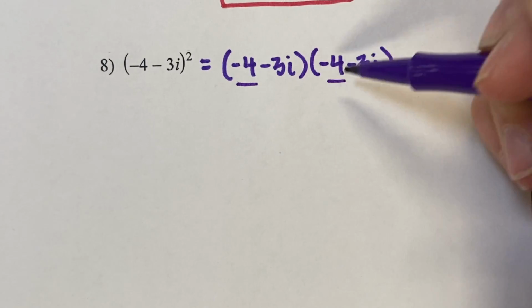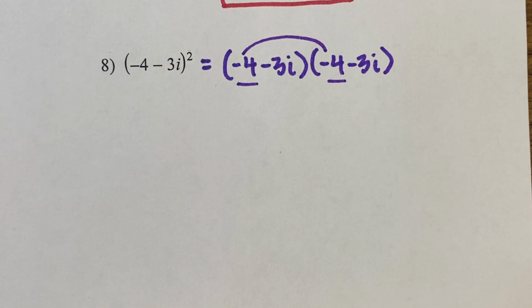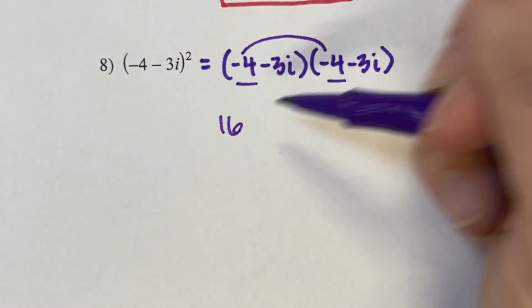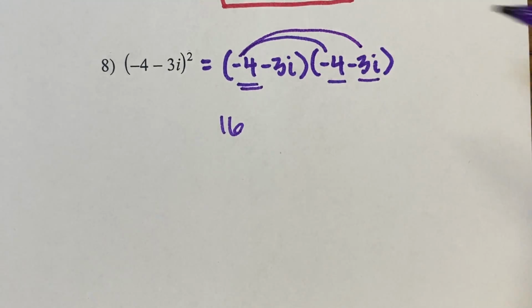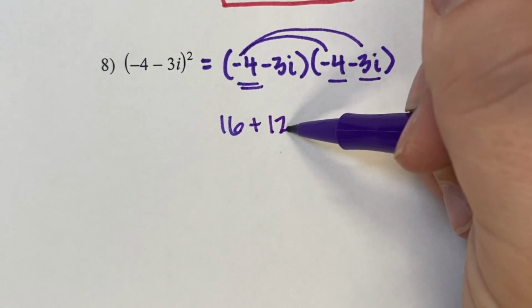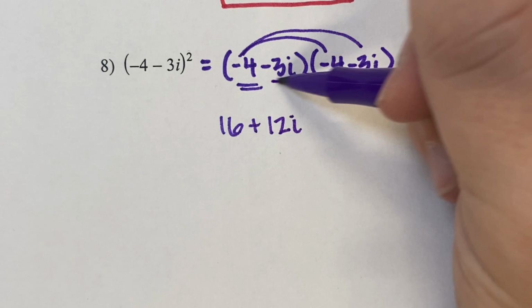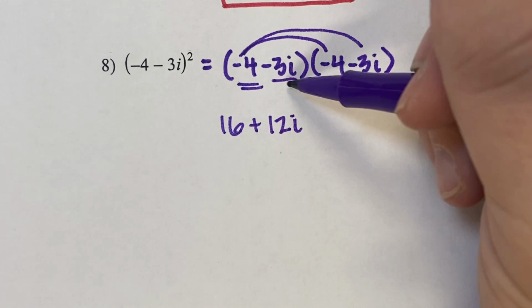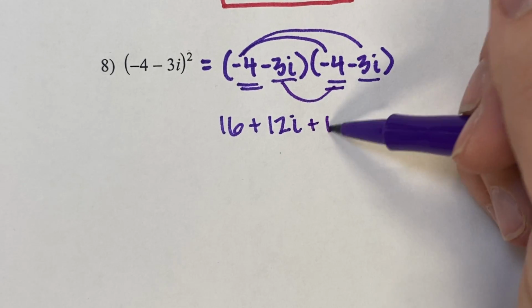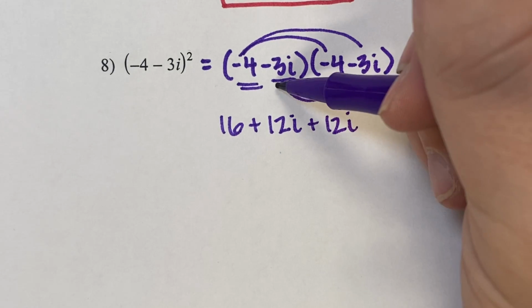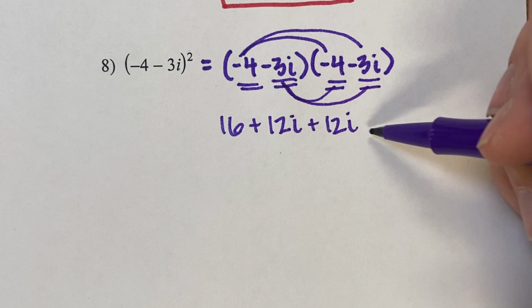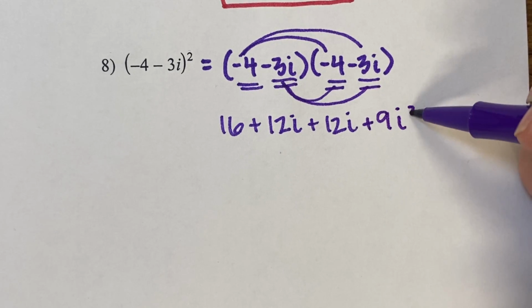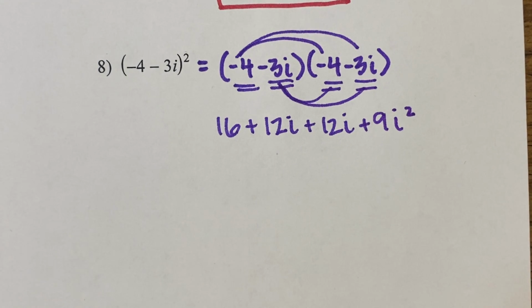So take my first terms, negative 4 times negative 4, positive 16. My outside terms, negative 4 times negative 3i, positive 12i. Inside terms, negative 3i times negative 4, positive 12i again. And my last, negative 3i times negative 3i, positive 9i squared.